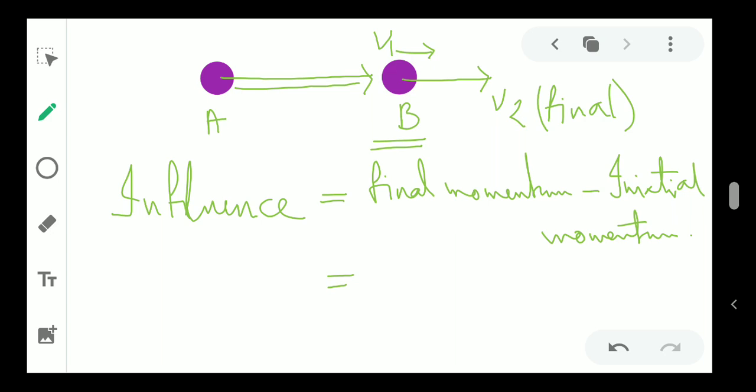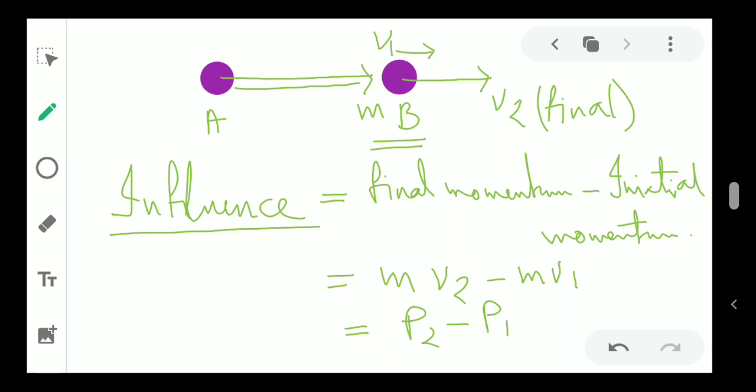So we can say that if the mass of this ball is m, this is m v2 minus m v1. So that means it is nothing but p2 minus p1, that is the change in momentum.